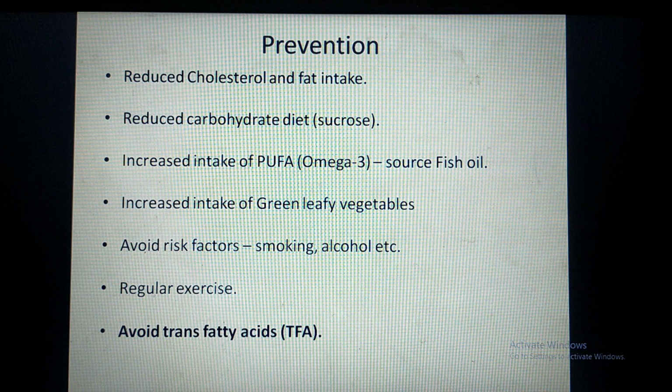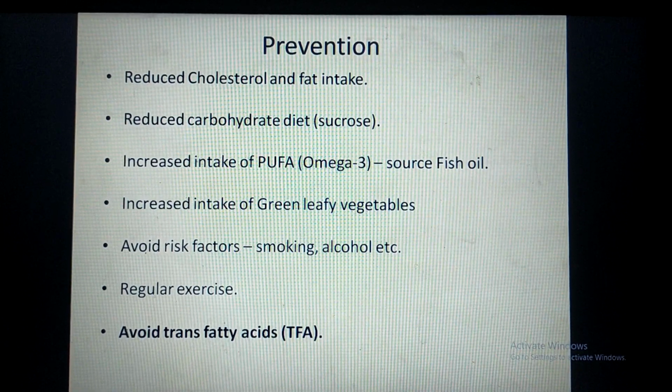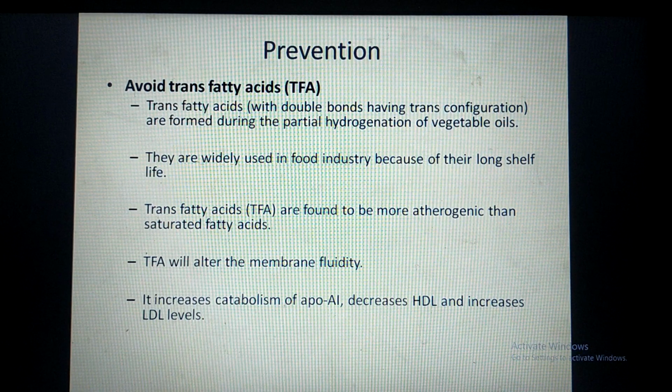Then we have to increase the intake of green leafy vegetables, so that our bowel movement should be regular. Then risk factors like smoking and alcohol should be avoided. Regular exercise should be there, and we have to avoid trans fatty acids intake. So these are some preventive measures for atherosclerosis.